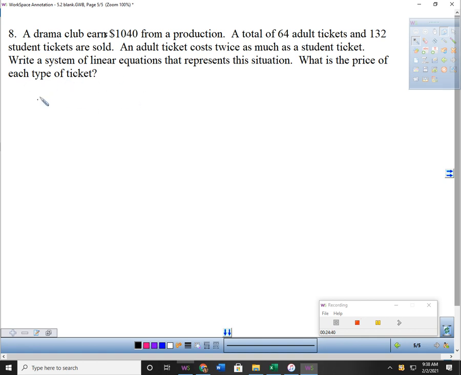So we have two types of tickets, right? Let's just say X represents our adult tickets, and we'll let the Y represent the student tickets. All right? So we know that we earned a total of $1,040, so that's going to be after our equal sign.